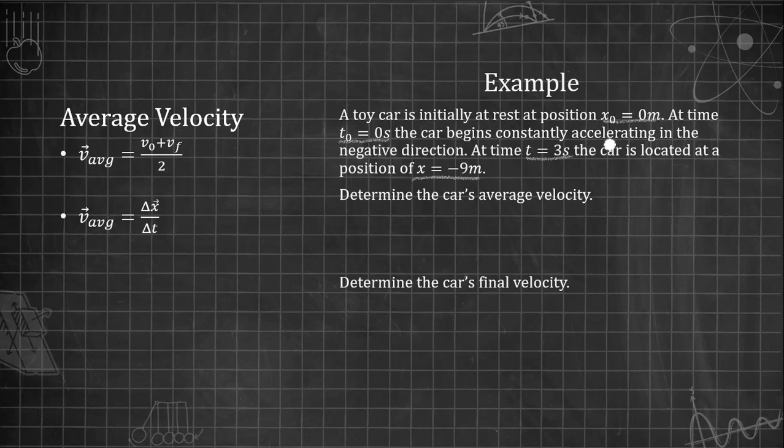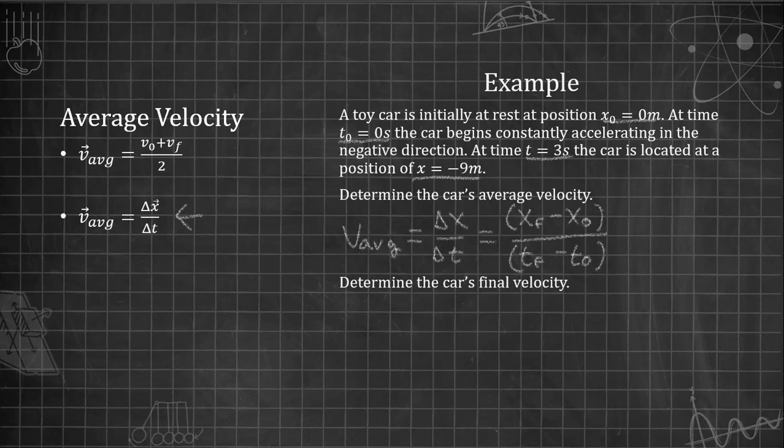So if we wanted to find the average velocity here, we have a change in position occurring over a change in time, so it would make sense to use this equation as opposed to the top equation because we don't have two velocities to figure that out.